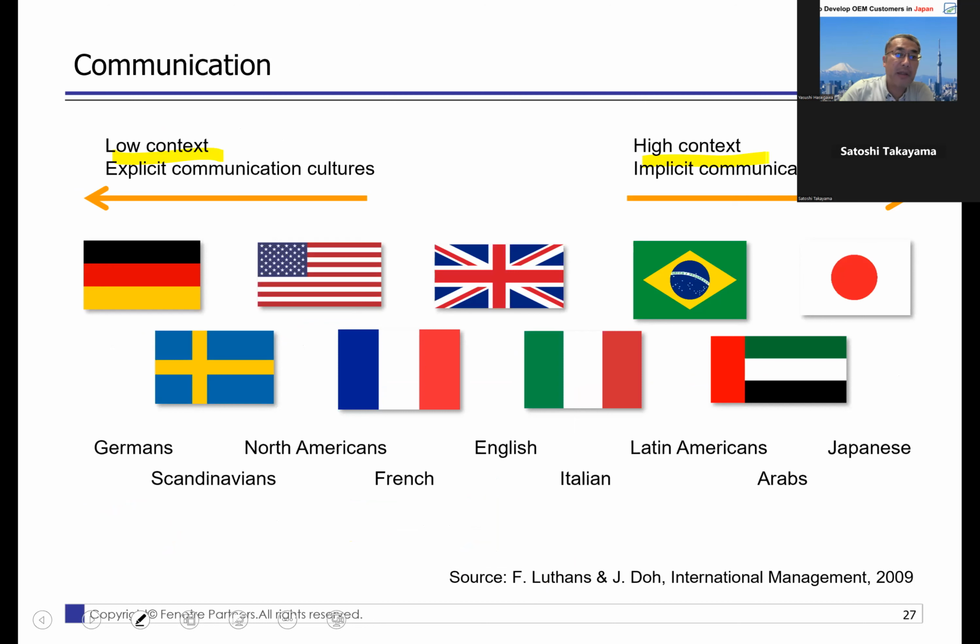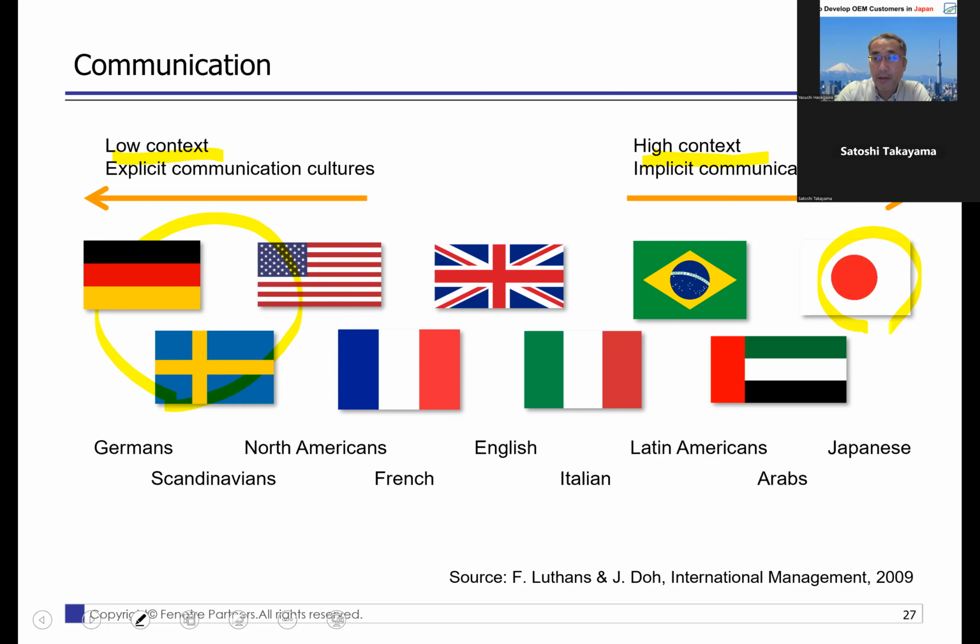Low context means everything is explicit. You speak directly. And high context means important messages are between the lines. People don't speak directly. So Germans, Americans, Scandinavians are here, very direct, logical, clear, but we are the opposite.